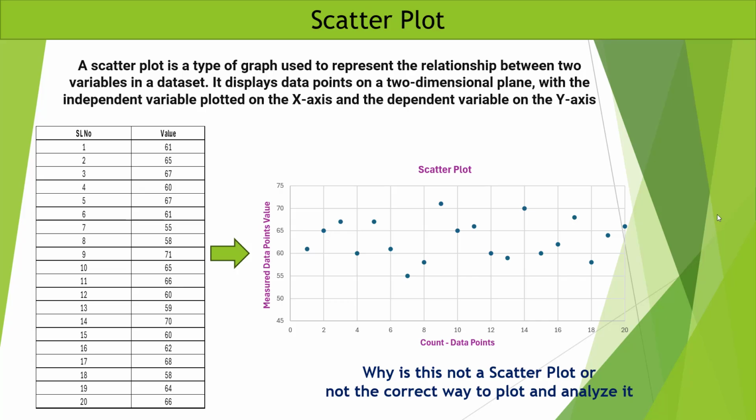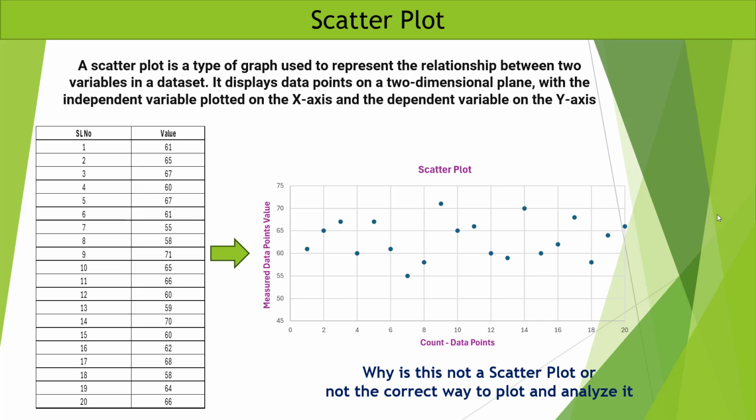We have 20 different data points with 20 different data values, and I tried to plot a scatter plot, and you can see that the trend or the chart is giving me a correlation between the x value and the y value in such a way that there is no correlation at all, which means r is equal to 0. R is basically the Pearson's correlation coefficient, which we will study in the subsequent slides. So r is equal to 0 here, which essentially means that there is no correlation between the x and y variable.